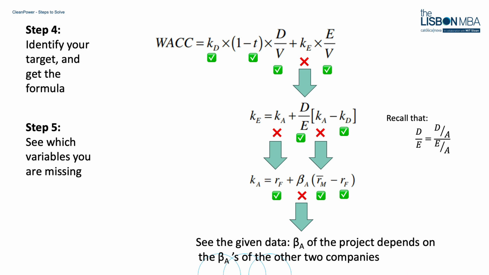If you go to the question, you will see that the beta of the assets of the project depends on the average of the other two of the industry, in this case the other two companies, plus a certain percentage. So we need to get the beta of the assets of the other two companies.